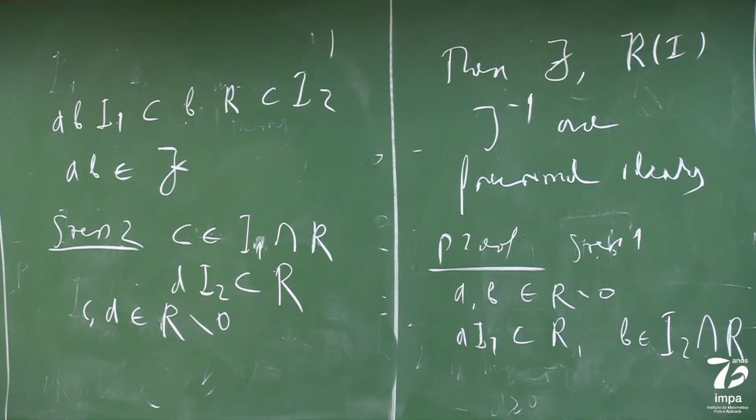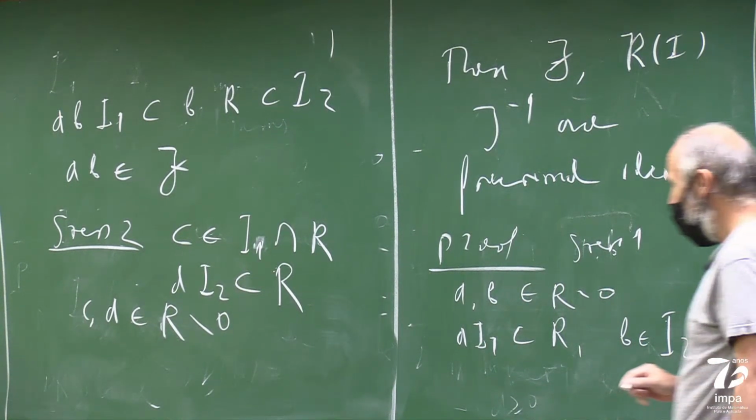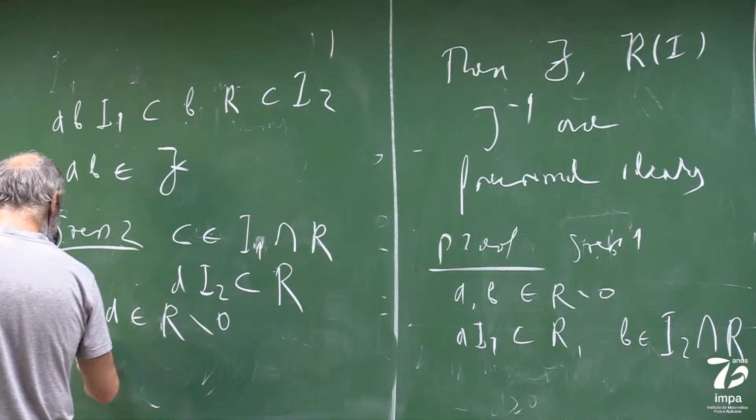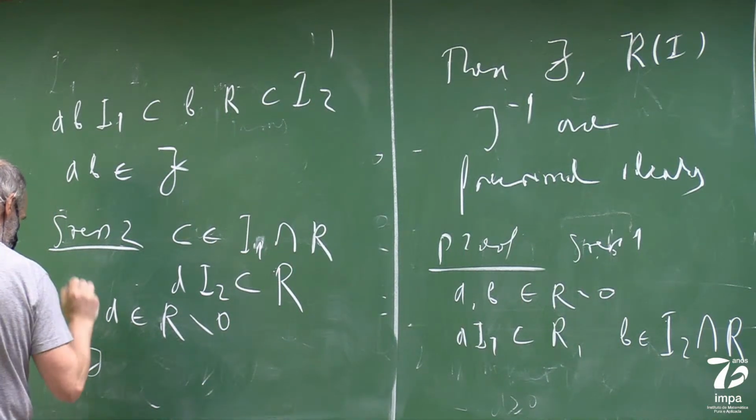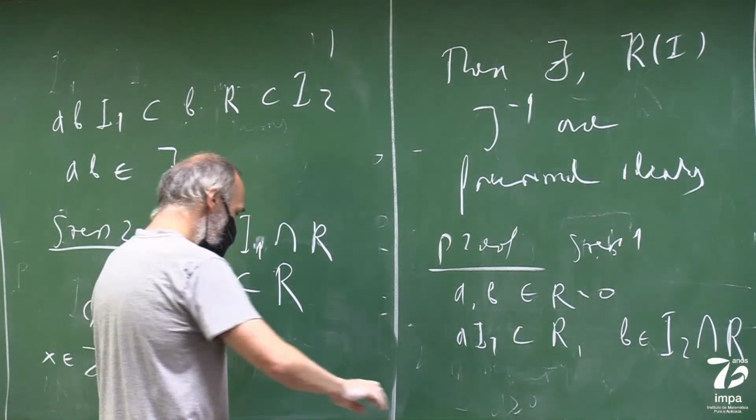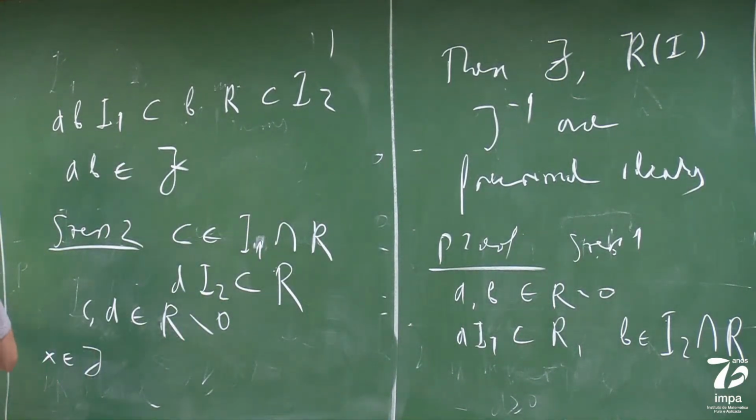Okay, now we have X inside J. I want to prove that CD times X is in R. What is CD times X?